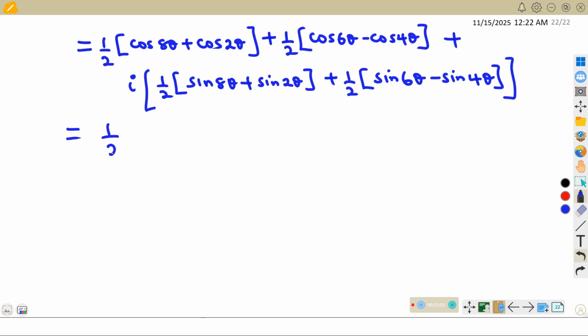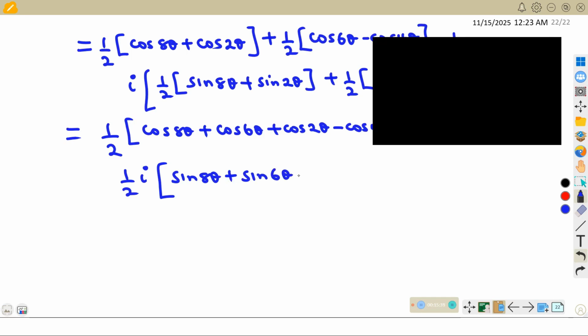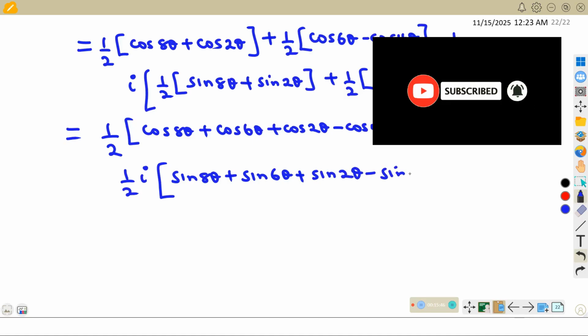So from here we can have a half into, so everything will be into cos 8 theta, then plus cos 6 theta, plus cos 2 theta, minus cos of 4 theta. Then plus a half. So we can also put i. So this is i into a sine of 8 theta plus sine of 6 theta plus sine of 2 theta minus sine of 4 theta.